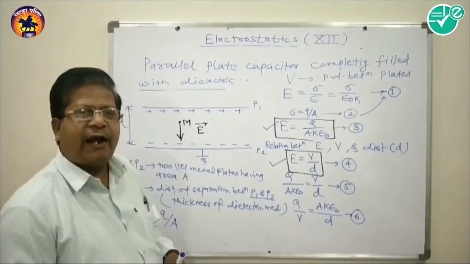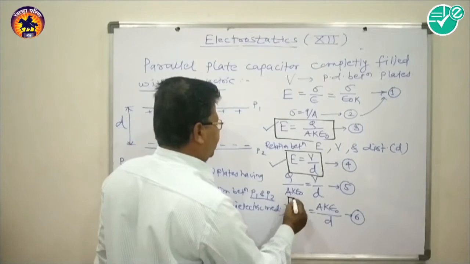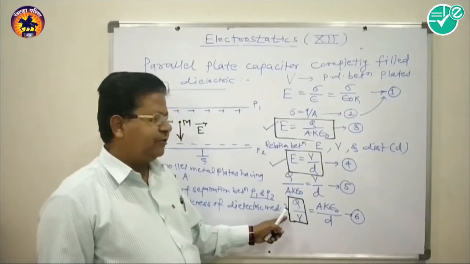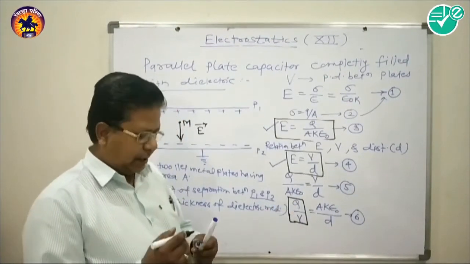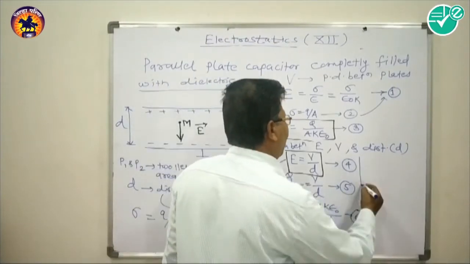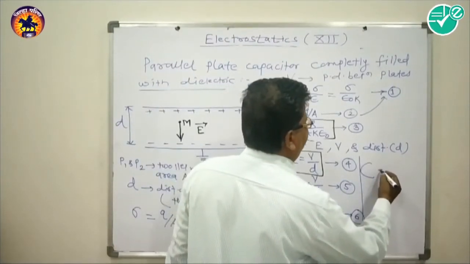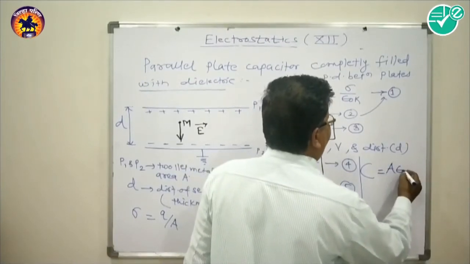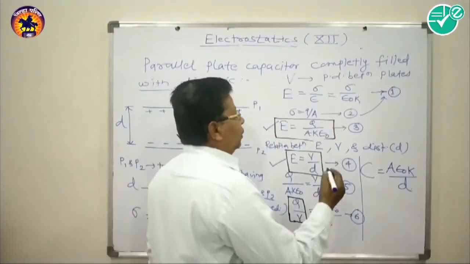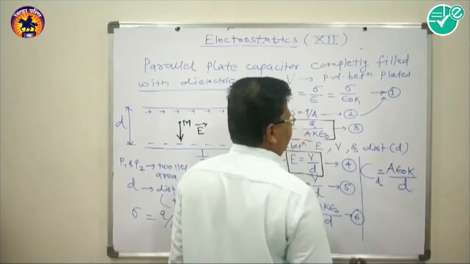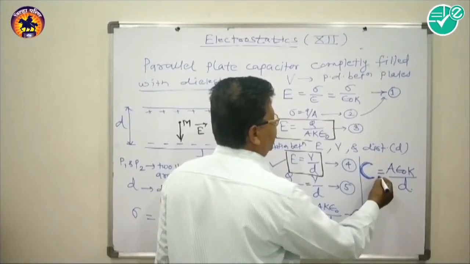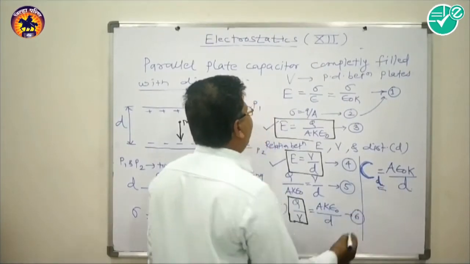The left hand side of this expression number 6 is Q divided by V. By the definition of capacitance of a capacitor, C is equal to Q by V, and therefore our final expression is the capacity of a parallel plate capacitor filled with dielectric is A K epsilon 0 divided by D. Here we use suffix small d, that means capacity of a parallel plate capacitor which is completely filled with a dielectric medium.